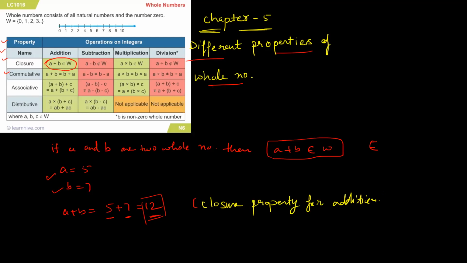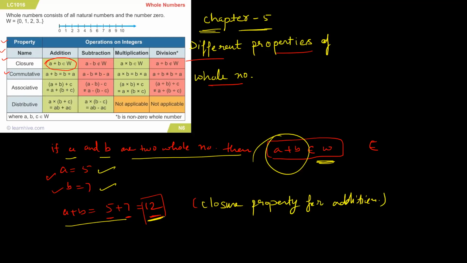I'm repeating again: if A and B are two whole numbers, then A plus B means their sum, and that sum will also be a whole number. For example, A is equal to 5 and B is equal to 7, then A plus B means 5 plus 7, which is 12, is also a whole number. That's it. Now, what kind of questions will come from this property?